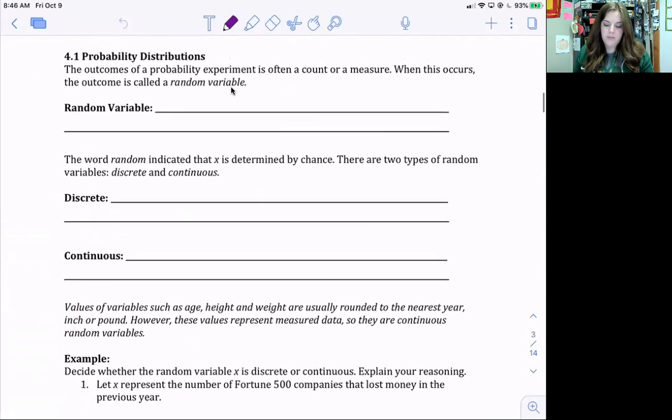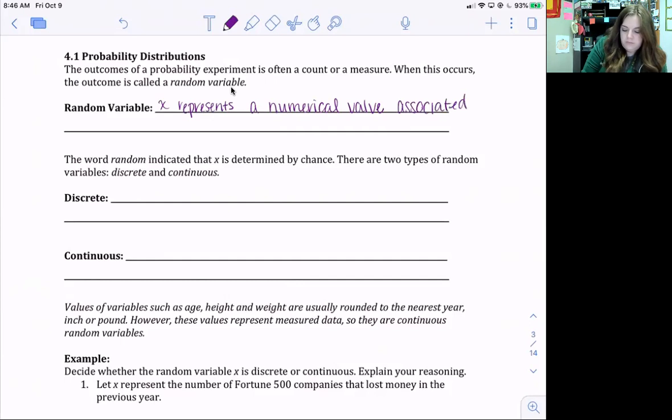So the outcomes of a probability experiment is often a count or a measure. When this occurs, the outcome is called a random variable. So a random variable x represents a numerical value associated with each outcome of a probability experiment.